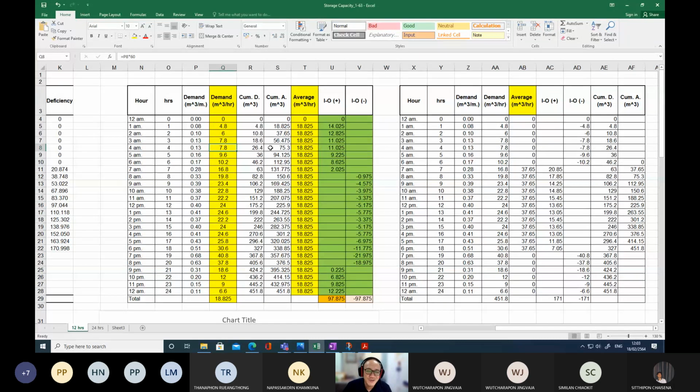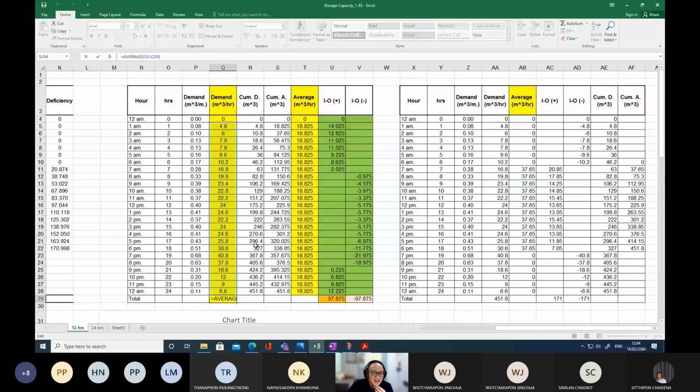So here, if you want to determine the volume of the storage, you should do it like this. This is the demand in terms of cubic meters per hour. Then, if we produce with the average flow, taking the average flow over 24 hours, we are going to determine the average flow rate.